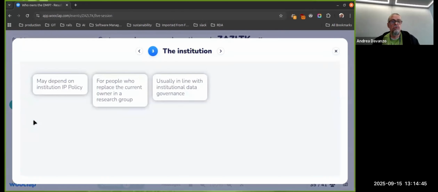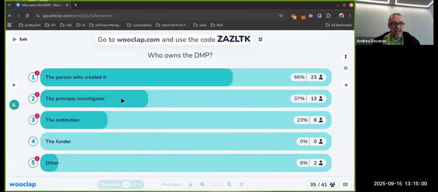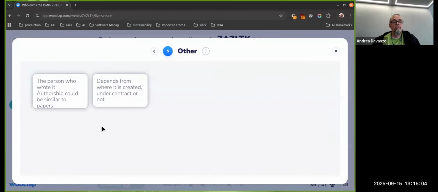Let's have a look at the institution. May depend on institution IP policy, which is a very good point. For people who replace the current owner, it is a research group, usually in line with institutional data governance. And let's see other. The person who wrote it, authorship would be similar to papers. Depends where it is created, under the contract or not.